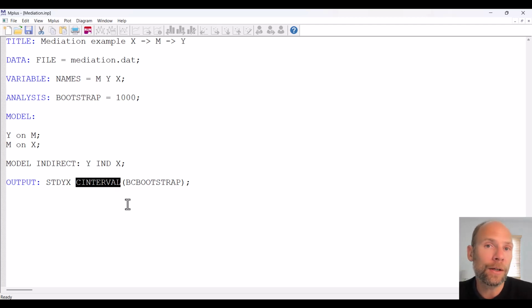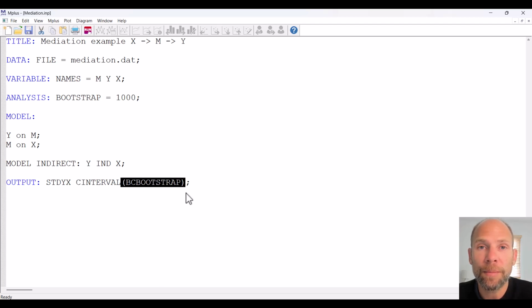Now, if you only include that keyword C interval, then Mplus will provide you with regular confidence intervals based on asymptotic standard errors. However, in this case, I also included the keyword BC bootstrap in parentheses behind C interval, and that refers to a bootstrap method, specifically bias corrected bootstrapping, which is recommended to test indirect effects.